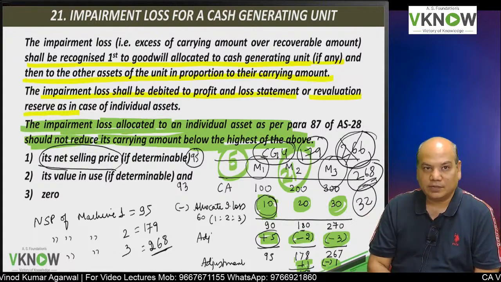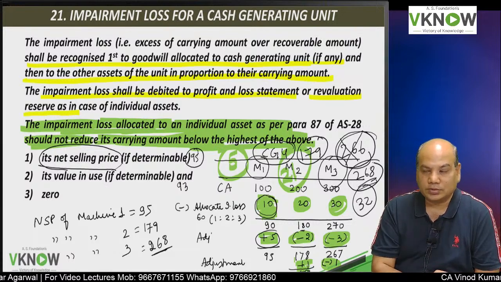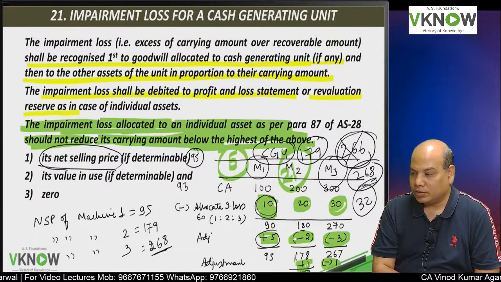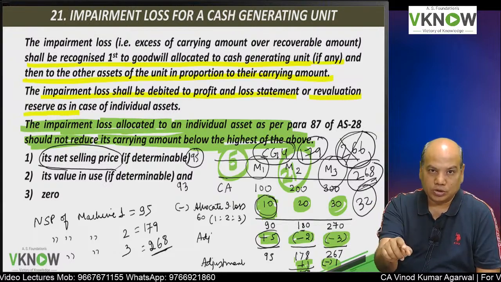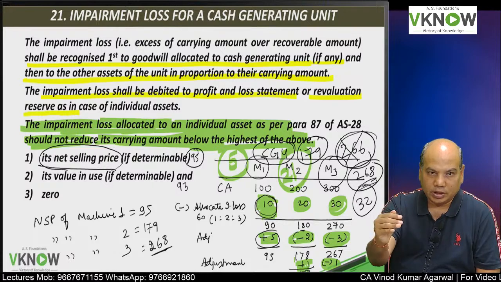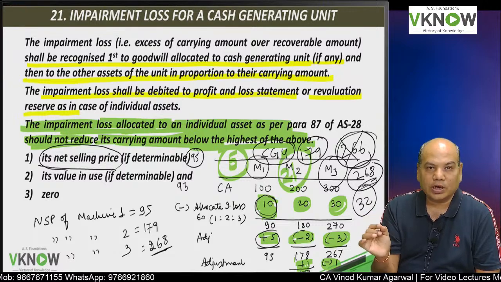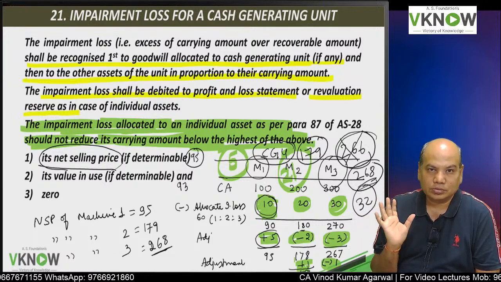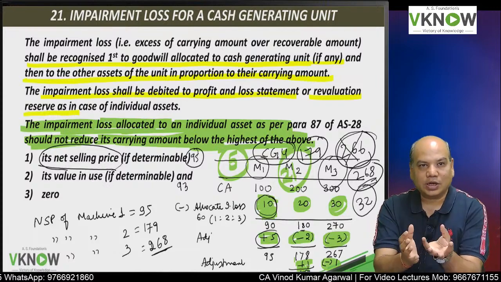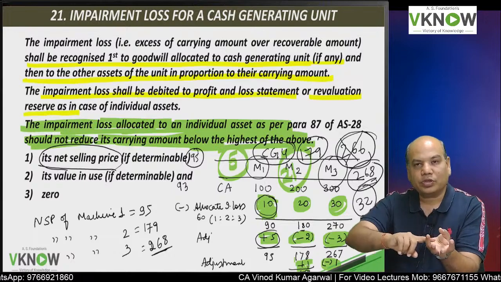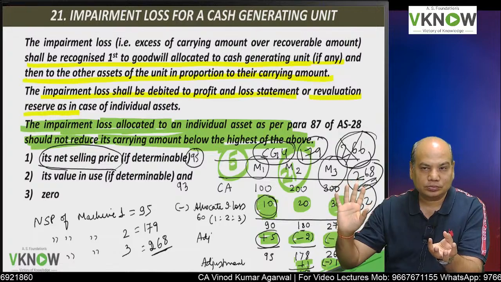That was a little messy affair, I can understand, but there is no printed question on that. But for understanding purpose, I had to explain. After providing impairment loss, the carrying amount should not be lower than net selling price or value in use or 0, whichever is higher. And if a particular asset cannot absorb that impairment loss, it can be allocated to other asset of that CGU.